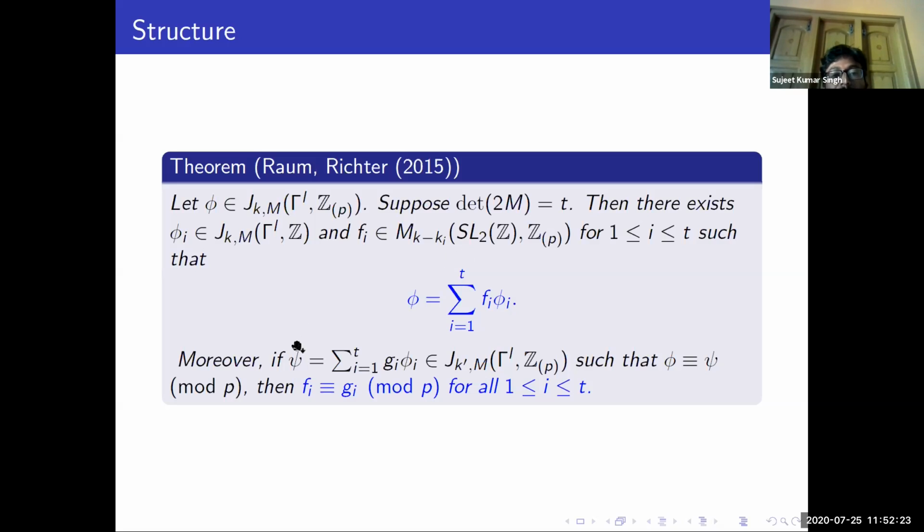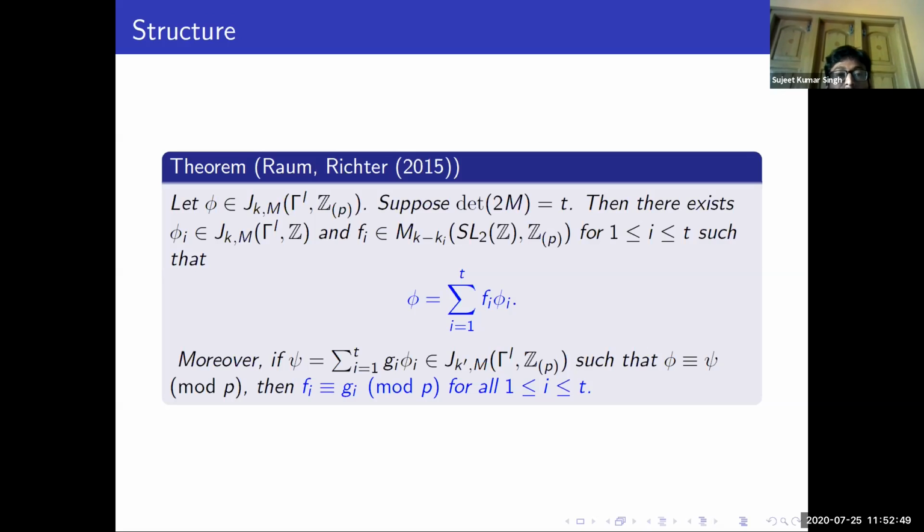And if psi is another Jacobi form written in this form, and if they are congruent, then this result breaks down to f_i being congruent to g_i mod p. So any two Jacobi forms, if they are congruent, then their corresponding f_i must be congruent to g_i mod p. So using these results, they proved the similar result for Jacobi forms with matrix index.